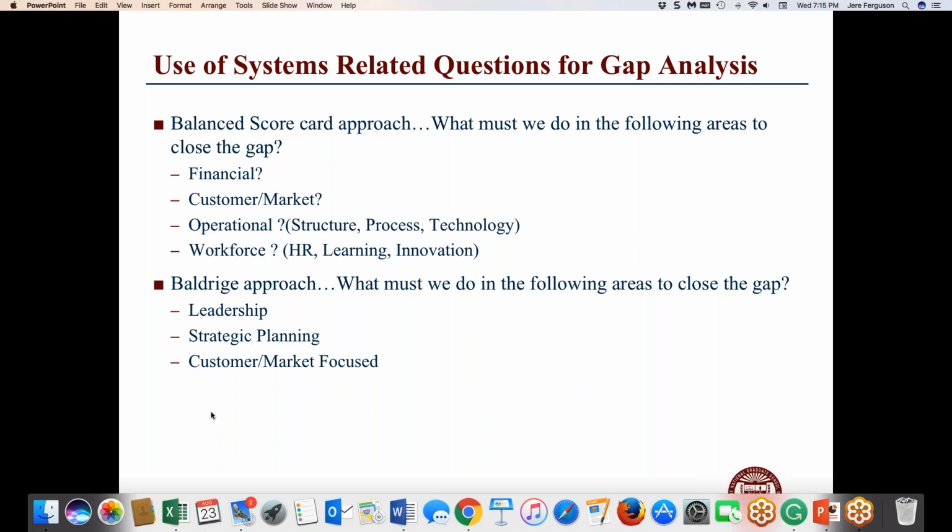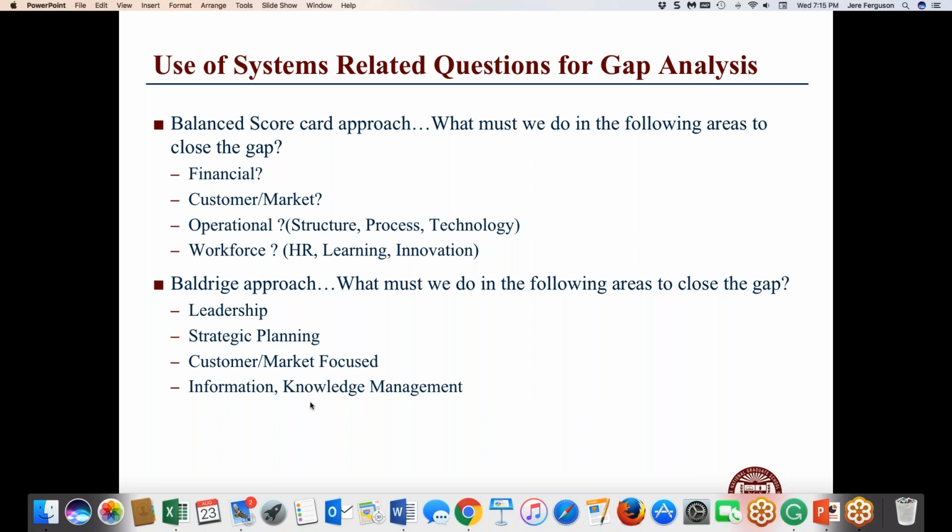In years past, especially back when we had monopolies like Ma Bell and IBM, those companies believed that the marketplace existed for their sake, and you were to change for what they could do rather than them changing for what the marketplace wanted. So Baldridge emphasizes the need, when we're doing these types of analysis, to focus on the needs of our customer voice.